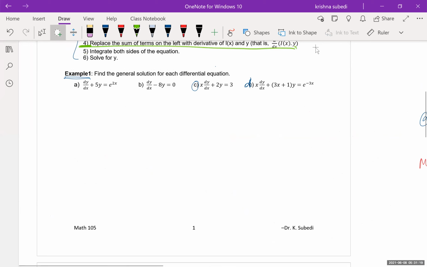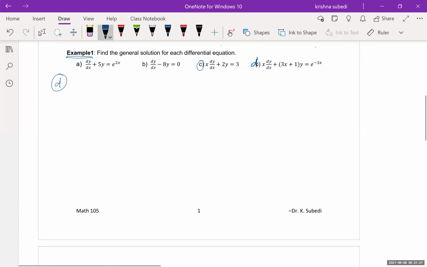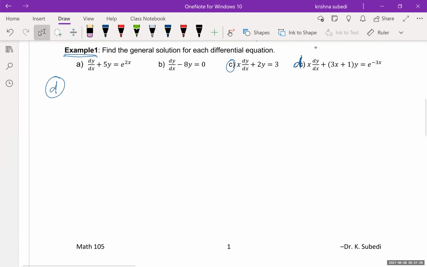So let's try part D. The given question is x dy over dx plus (3x plus 1) y equals e raised to power minus 3x.